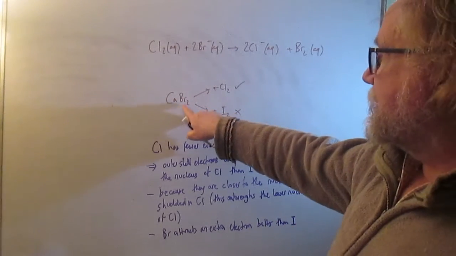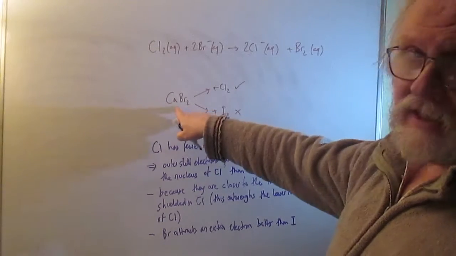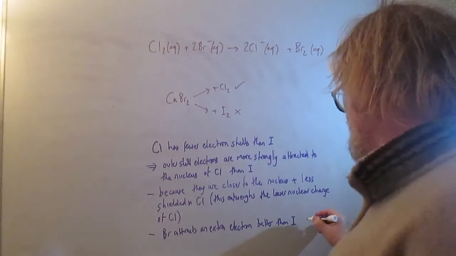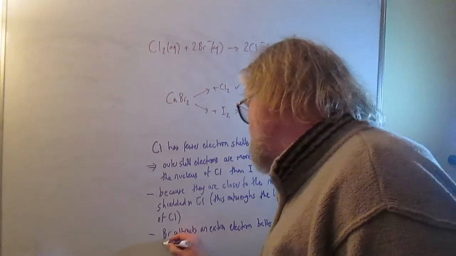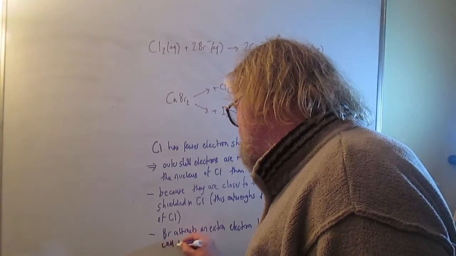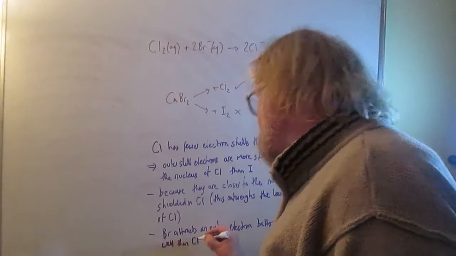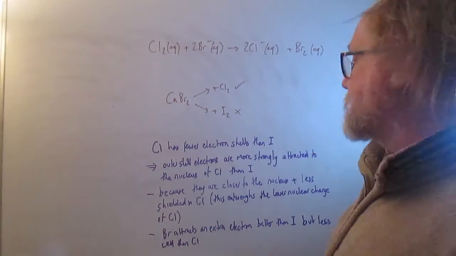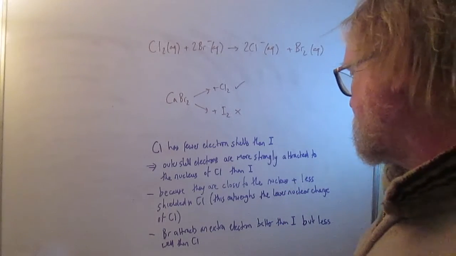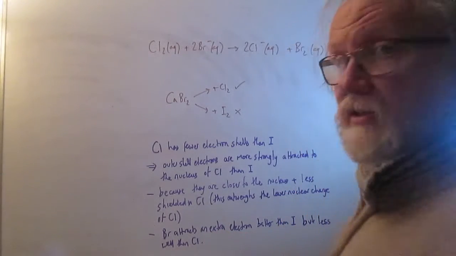So once you've got Br minus, iodine can't take that extra electron away from it, but chlorine, which attracts electrons less well... sorry, more strongly than bromine, can. So when chlorine comes along, it's able to grab the extra electron from Br minus. And that answers the question.